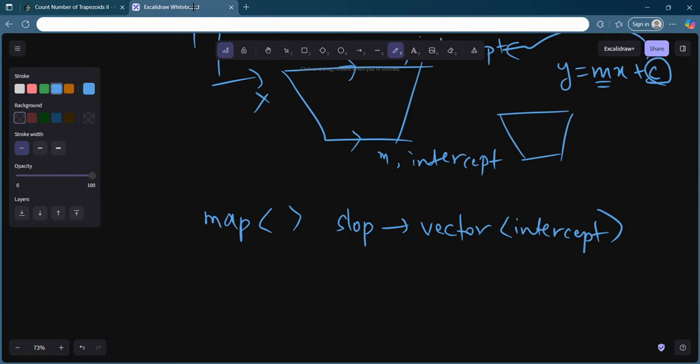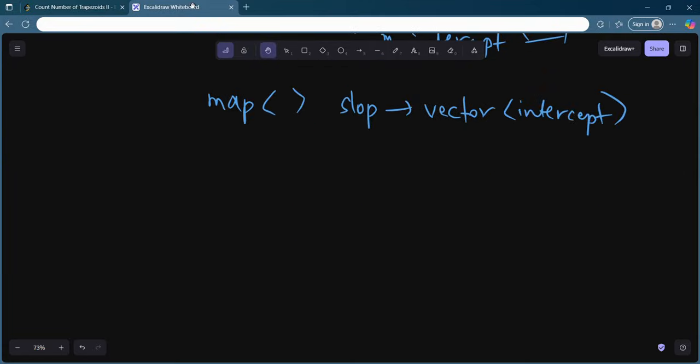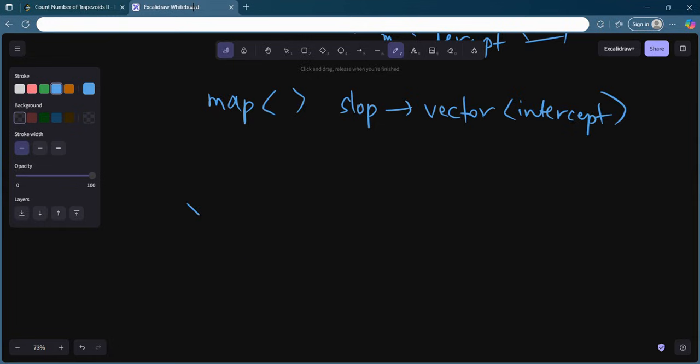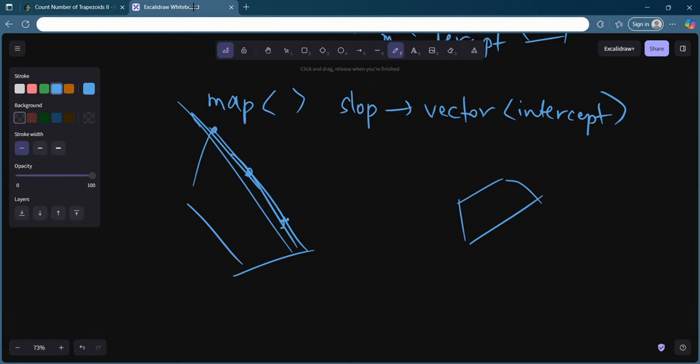In a large 2D space, there can be many such parallel lines. Some parallel line may be like this, some parallel line may be like this, and they can also form trapeziums, right? See, there may be something like this. This is a point, this is a point, this is a point. So you are counting this line and this line, so thrice you are counting. So no need to do any combinatorics over here.